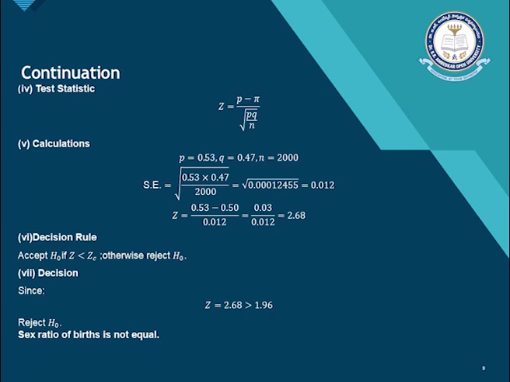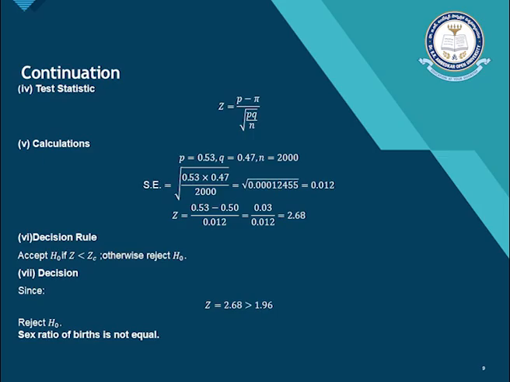The decision rule is accept the null hypothesis if the calculated Z value is less than the table value, otherwise reject the null hypothesis.